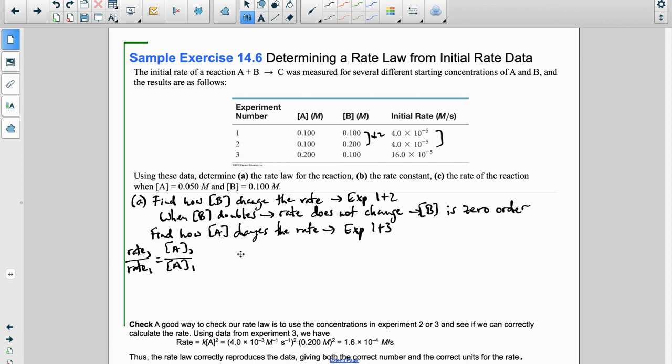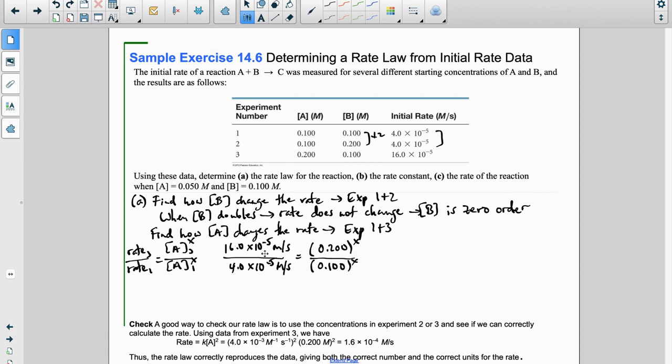So let's see how these are related, and I can put a little variable here for the order. And so if I put in the rate of 3, 16.0 times 10 to the minus 5th molarity per second, I put that over the rate of 1, that's 4.0 times 10 to the minus 5th molarity per second. And I put in what the concentration of A is in 3, that's 0.2 to the x over 0.1 to the x.